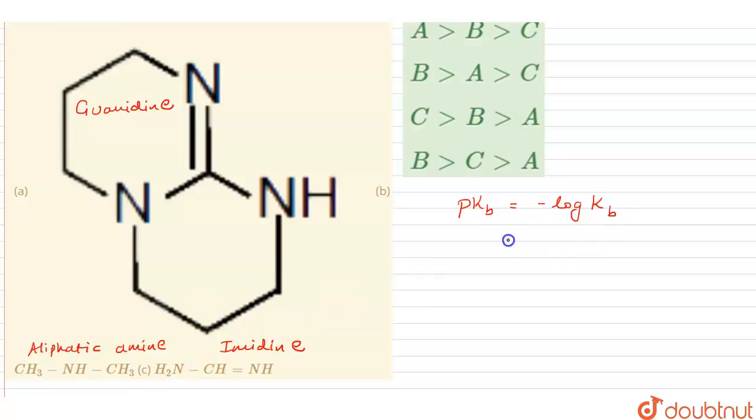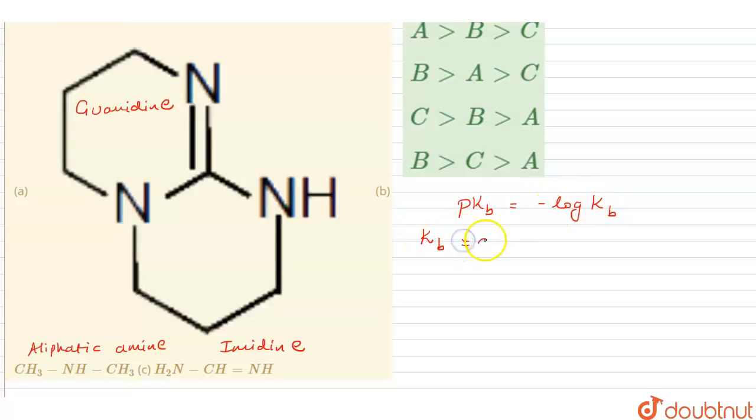So what's the relation of this particular Kb value or pKb value with basicity? When we say that a particular compound, or 3 compounds over here, have some respective pKb values, then we can relate pKb and basicity in the following way. As I told you, it's the negative logarithm of Kb.